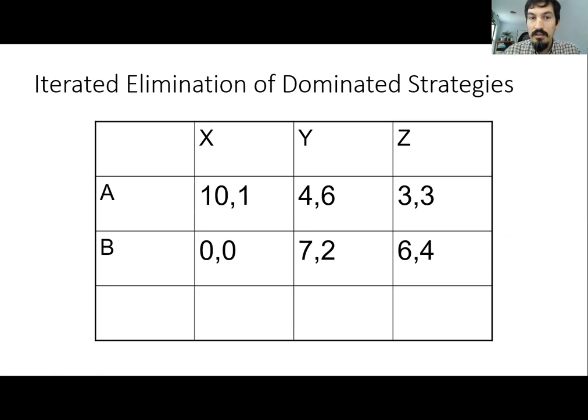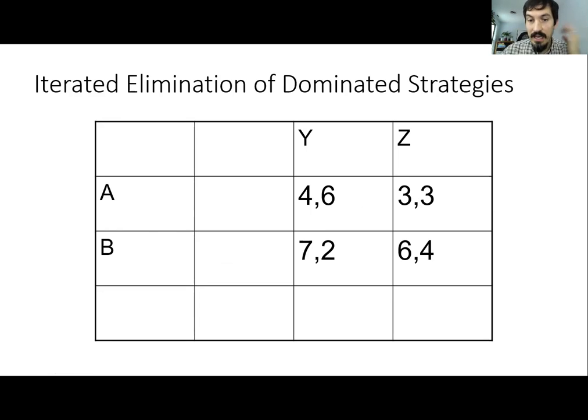Look, it's just gone. See how it's gone? It was there, it's not there anymore. Because no one will ever play it. Well, the same can be said for X. X is a payoff that for the column player, you only get 1 or 0. That's clearly worse than these other payoffs. We can eliminate X. That was another step of rational thinking.